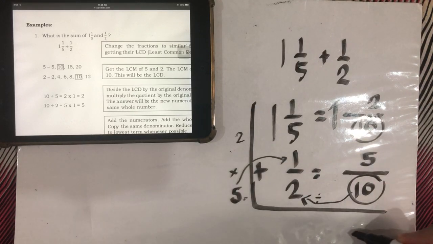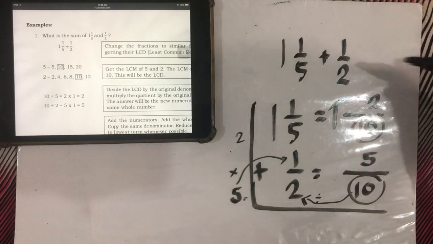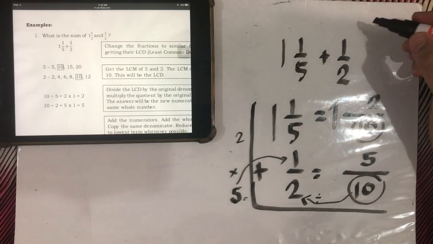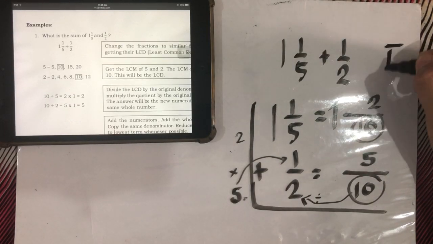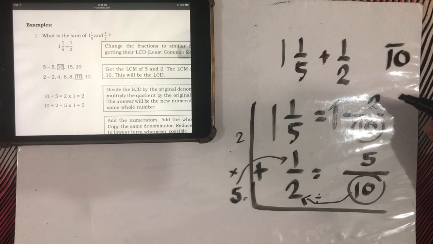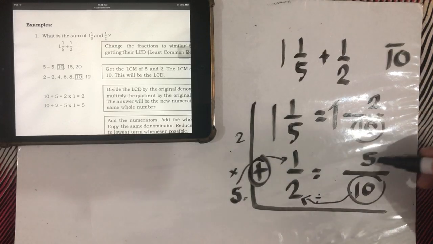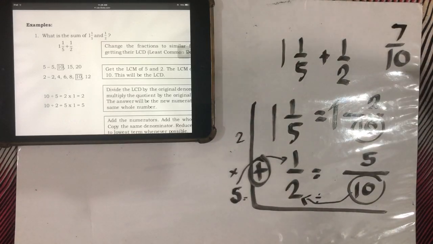So, dahil pareho sila ng denominator na 10, gagawin mo lang ay kokopyahin mo lang sila. So, dito na lang natin ilagay. Medyo nawala na ako sa screen. So, they have the same denominator. So, they have here 10. And then, add lang natin yung dalawang numerator. Remember, the operation is addition. So, 2 plus 5, you have here 7.